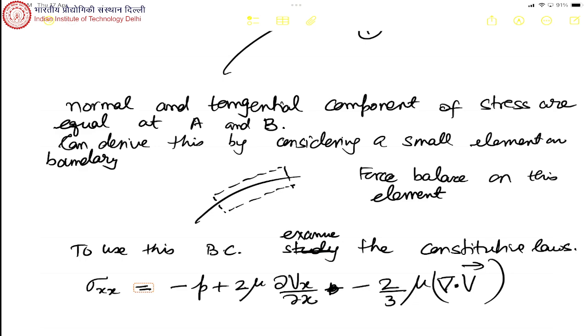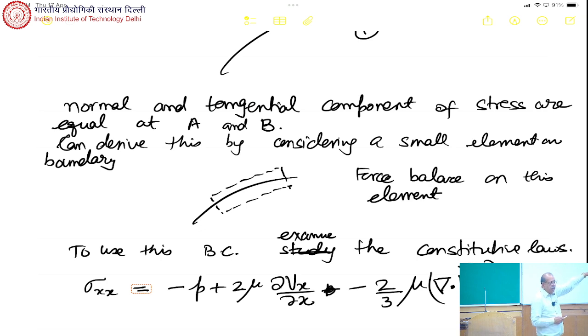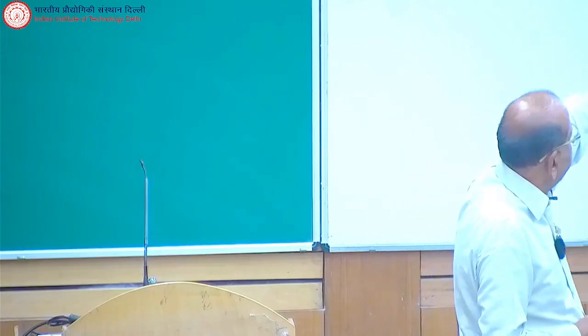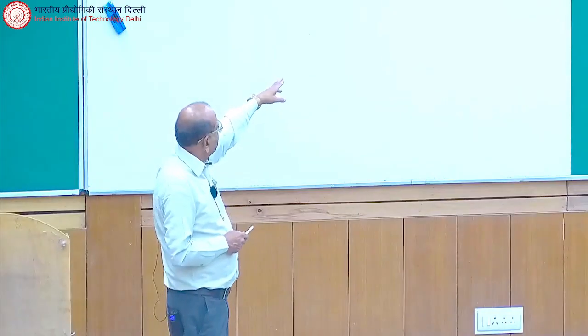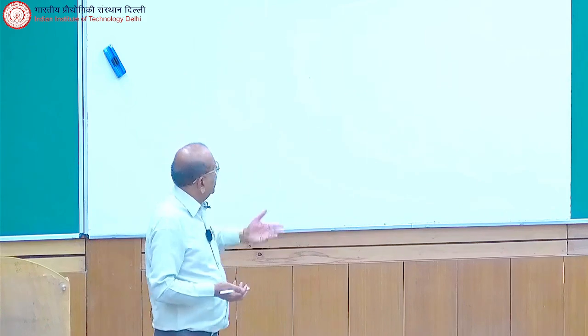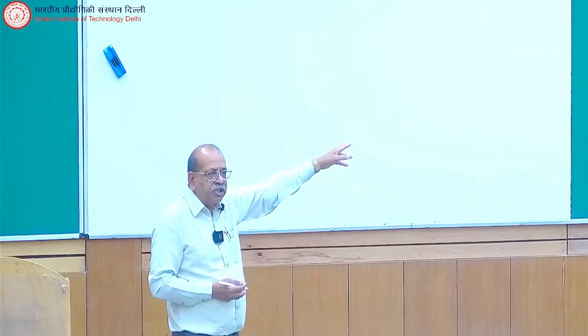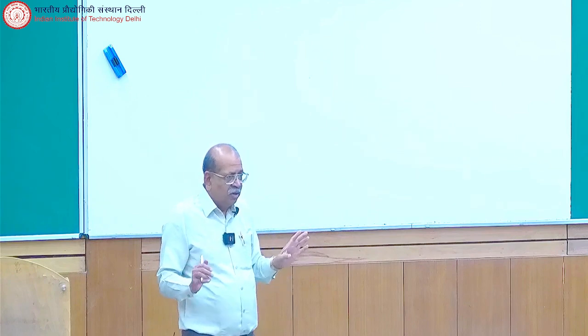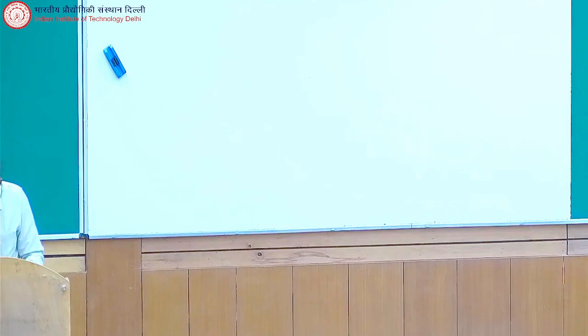Now what we are assuming is we have solved the Navier Stokes equations. If we solve the Navier Stokes equations, what will we get as an output? Pressure and velocity. So pressure and velocity we know. So now when I say sigma xx is equal on both sides, then I will get minus p plus 2 mu partial Vx by partial x minus 2/3 mu del dot V will be equal on side A and side B. Now if it's an incompressible flow, del dot V will be 0, so this term becomes 0.